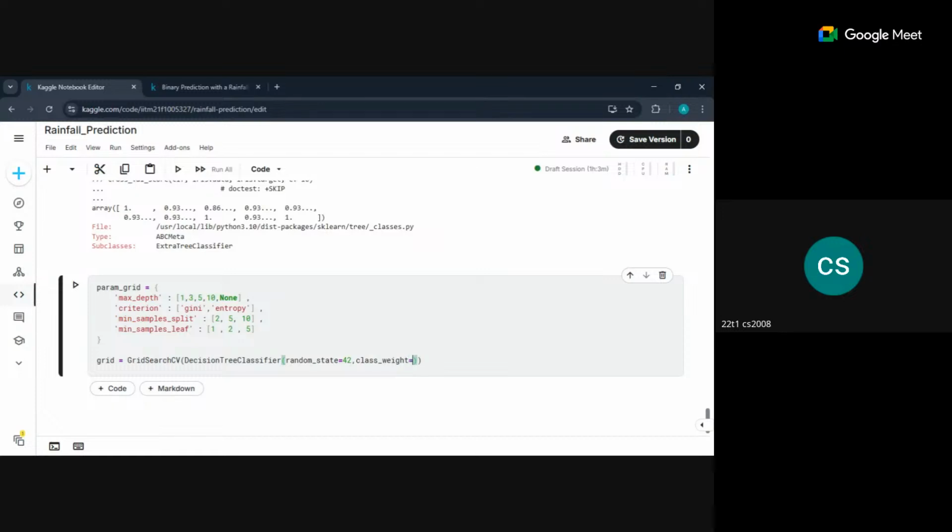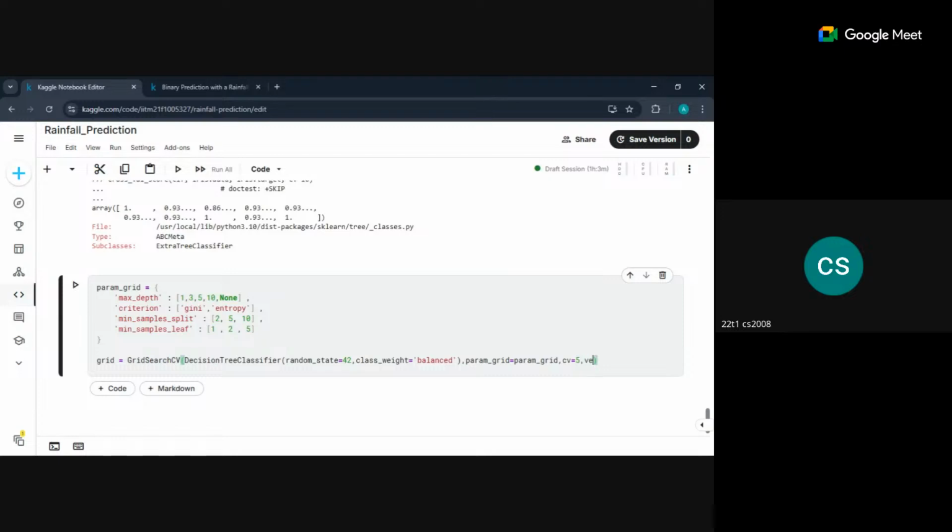Class weight balanced. Then we'll give param grid. Let's say cross validation.